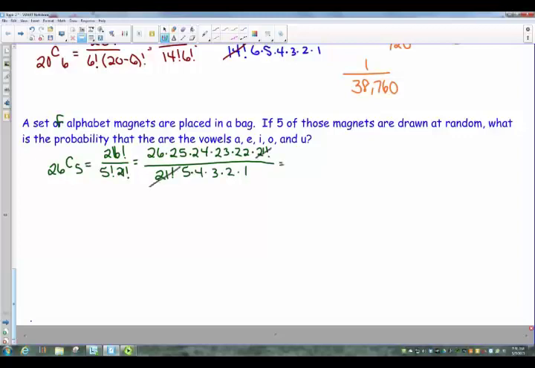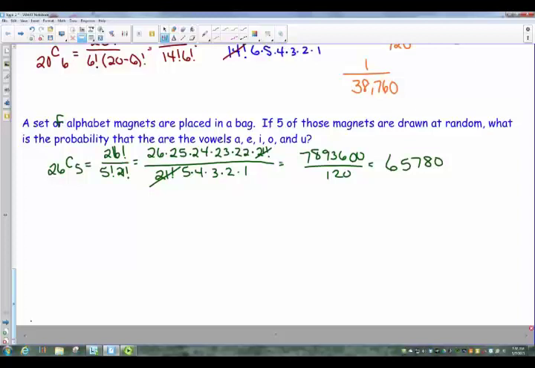The 21s we know cancel. We got 26 times 25 times 24 times 23 times 22, which is 7,893,600. In the denominator, you have 5 factorial, which is 120. You take that, divide it out, and there are 65,780 ways you could choose 5 letters from the alphabet.